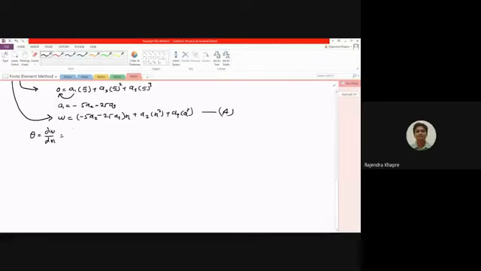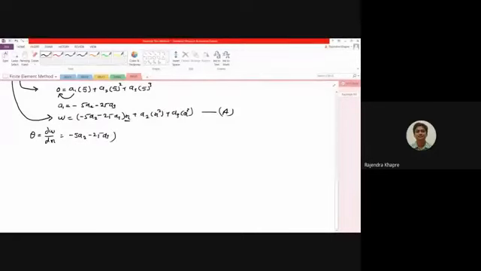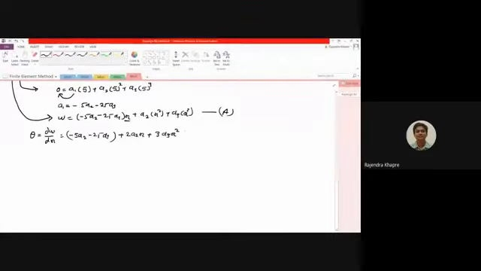If you do this, the x will be gone, so what you are going to get is minus 5 times a2 minus 25 times a3, plus, since the derivative of x square is 2 times x, 2 times a2 into x, and 3 times a3 into x square. So this will be the expression for the slope.